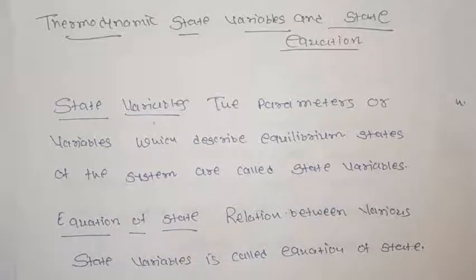Now, let us understand what are thermodynamic state variables and equation of state. Every equilibrium state of a thermodynamic system can be described completely by some parameters or some macroscopic variables. These parameters or variables which describe equilibrium states of the system are called the state variables.